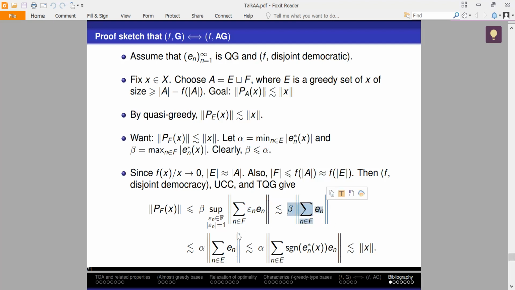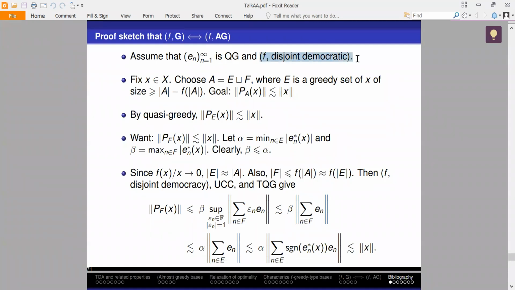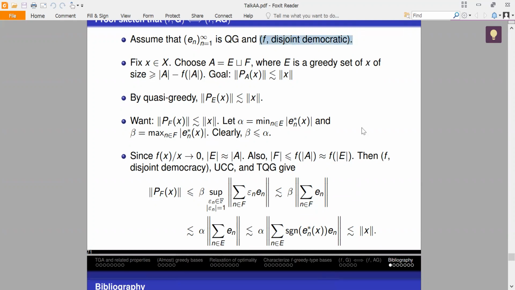When you go from here to here, I only replace beta by alpha because alpha is at least beta. And also I use F-disjoint democracy to move from the set F to the set E. See that? From F to E, right? I use F-disjoint democracy because they are disjoint and they satisfy this inequality.